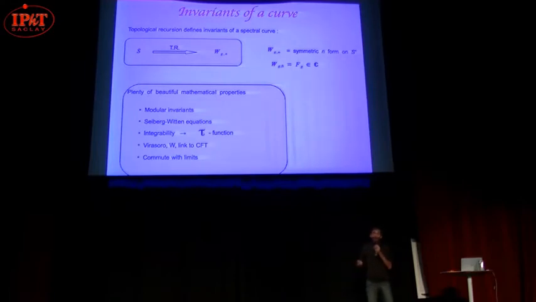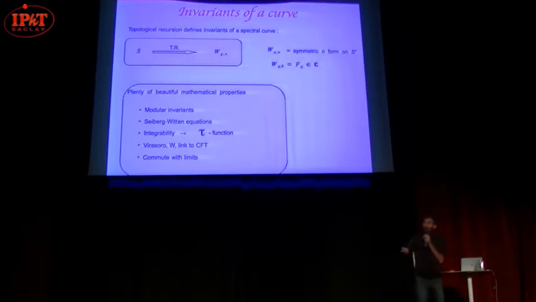Whatever you like in mathematics, basically is there. It's some of the most fascinating mathematical objects I have seen ever. For instance, they are modular invariants. Modular invariance is a very strong property in mathematics, and it's there. They satisfy, for instance, Seiberg-Witten equations.